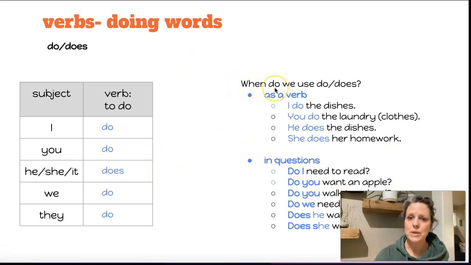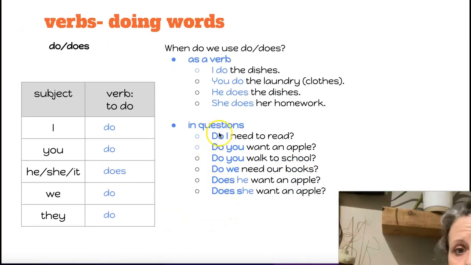So when do we use do or does? We can use it as a verb. I do the dishes. You do the laundry, which means you wash the laundry. You wash your clothes. He does the dishes and she does her homework.